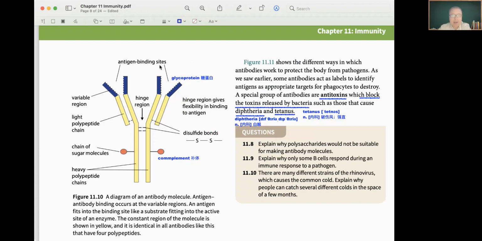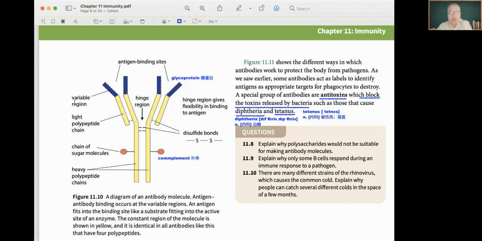The antigen binding sites are glycoprotein, in deep blue in this picture, and the parts in yellow are polypeptide chains, heavy and light polypeptide chains, right?